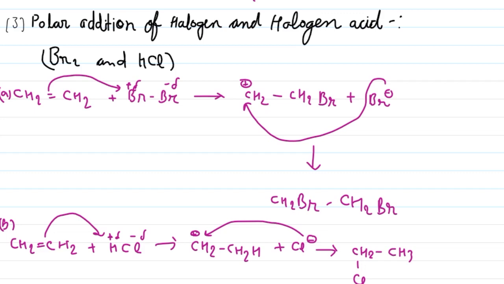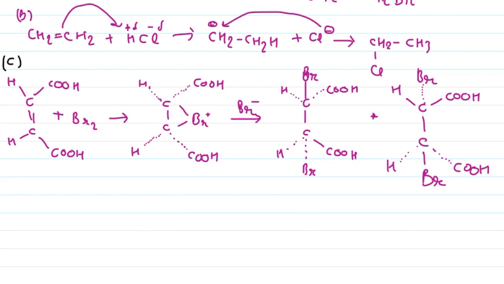Thus, in case of maleic acid, the reaction may be written as: in this case we take maleic acid, react with bromine, and form an intermediate complex.